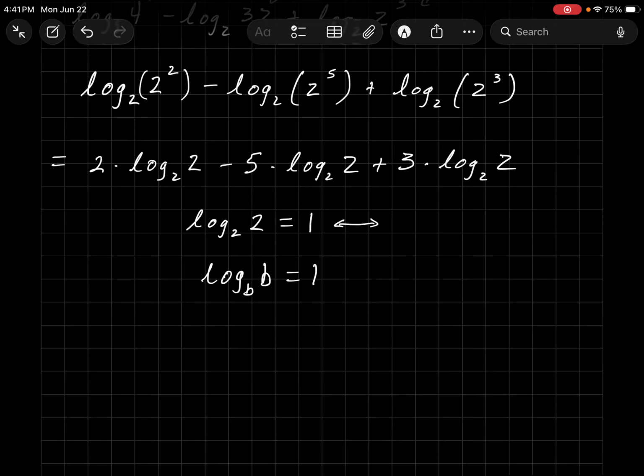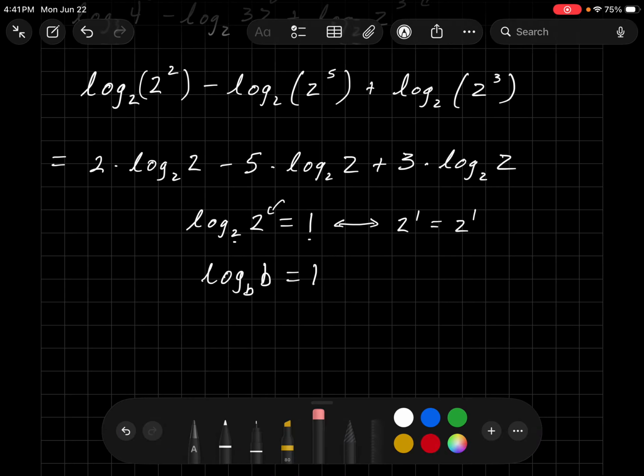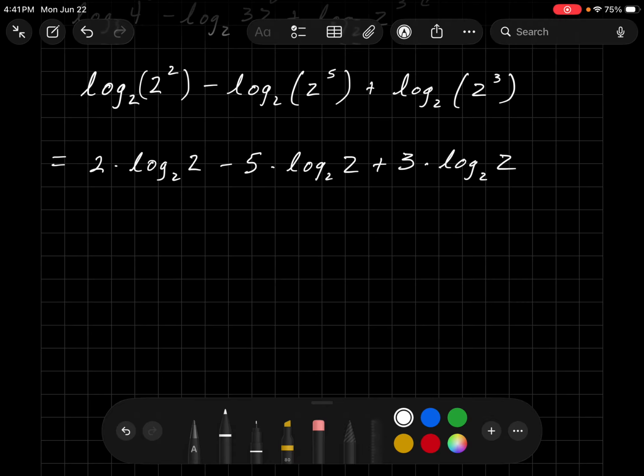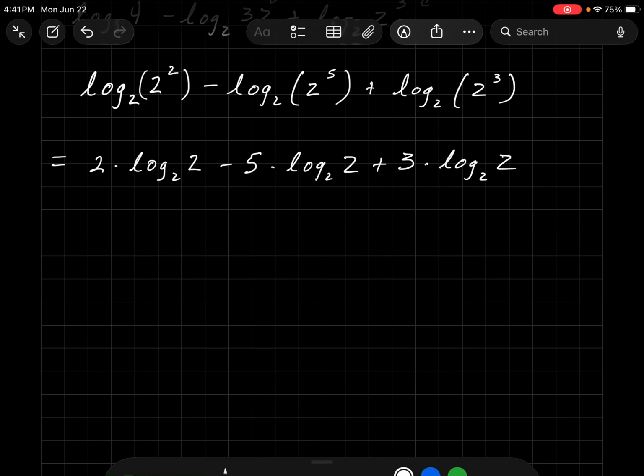It's because we could rewrite this in exponential form as 2 to the first, the base to the exponent equals the thing inside. Showing that we do have an equivalent statement. But that will be for a later video. Let's just continue with this one right here.